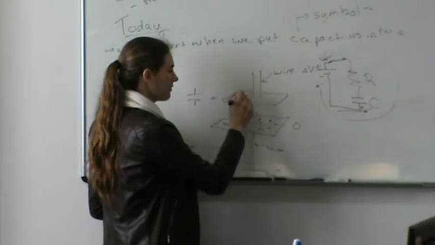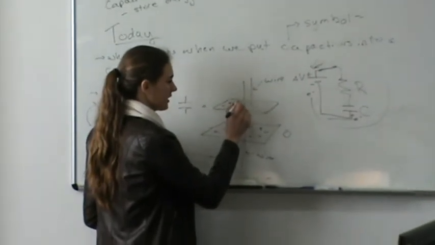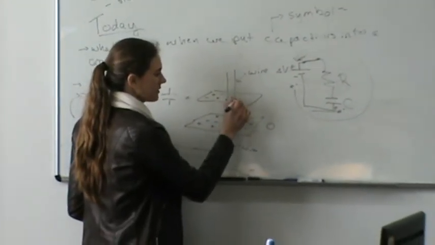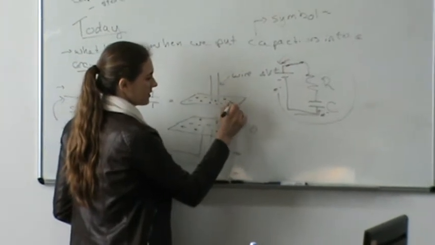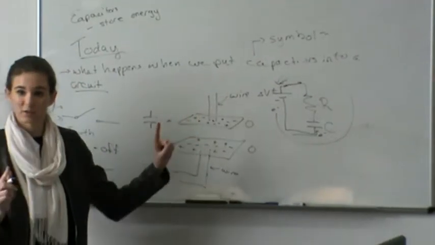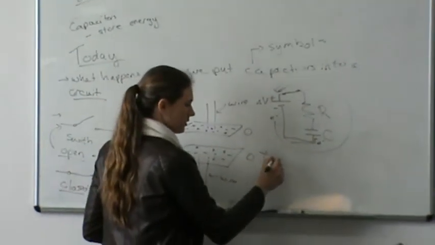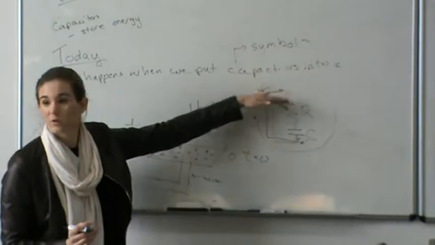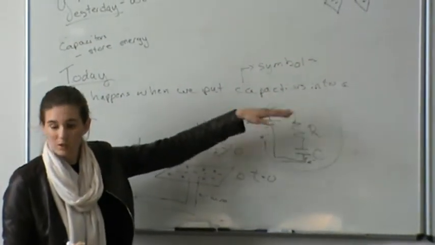And up here we have positive, negative, and so on, right? So this is at t equals 0, right when we close the switch.